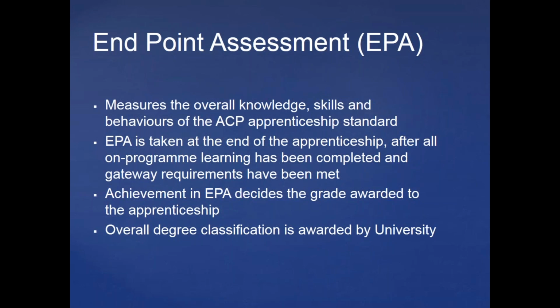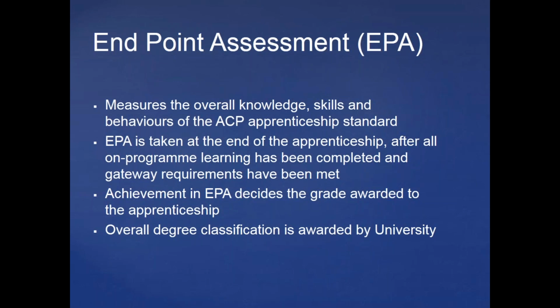The endpoint assessment is taken at the end of the apprenticeship, after all the what they call on-programme learning has been completed, and the gateway requirements. So what will be stipulated in the endpoint assessment programme guidance is the gateway requirements that need to have been met. So all on-programme learning must have been completed, and the gateway requirements set by the endpoint assessment will need to have been met.